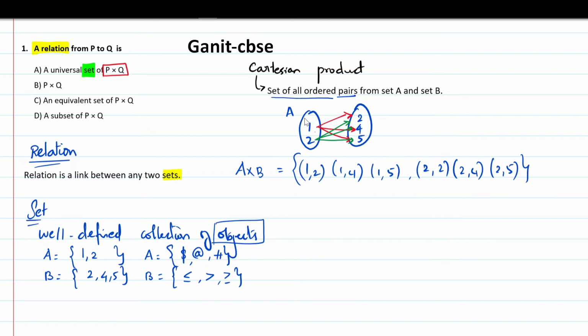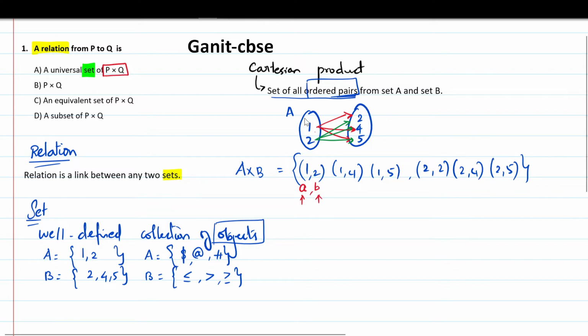So it is a set of all ordered pairs. Why are we calling them ordered pairs? Let us take small a as the first element and b as the second element.